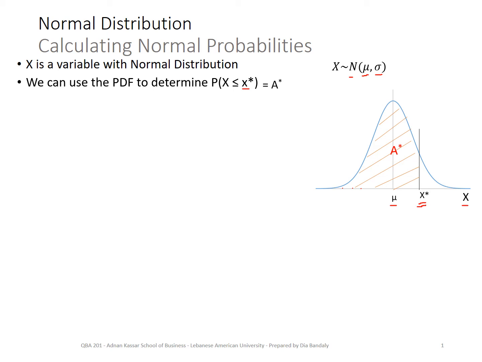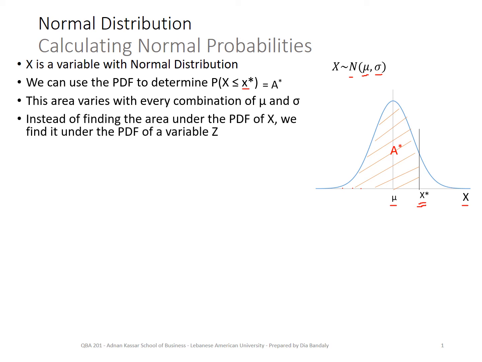But as we said before, it's very hard then to do that for any combination of mu and sigma. Finding the area is really a time-consuming exercise. We don't want to do that. Okay, so we don't want to do this exercise, but instead we're going to find the area under the standard variable z, right? So what is z?